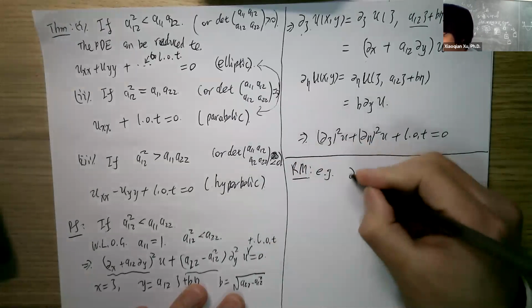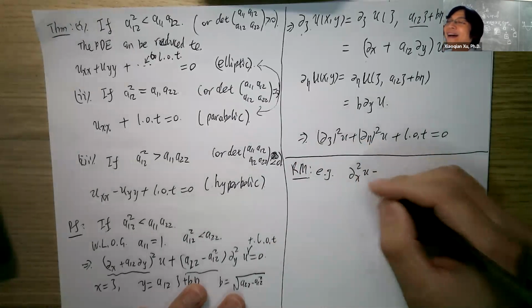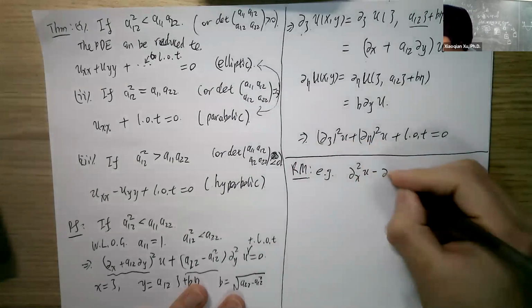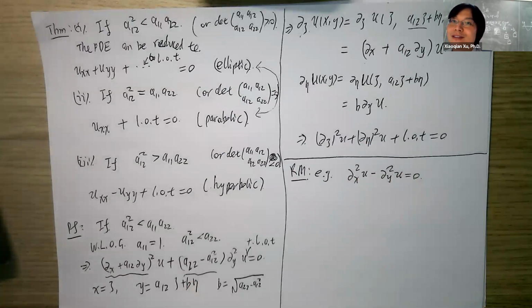For instance, for the wave equation, let's use x, y instead of t, x as we always use, just because we are going to change the variable soon.